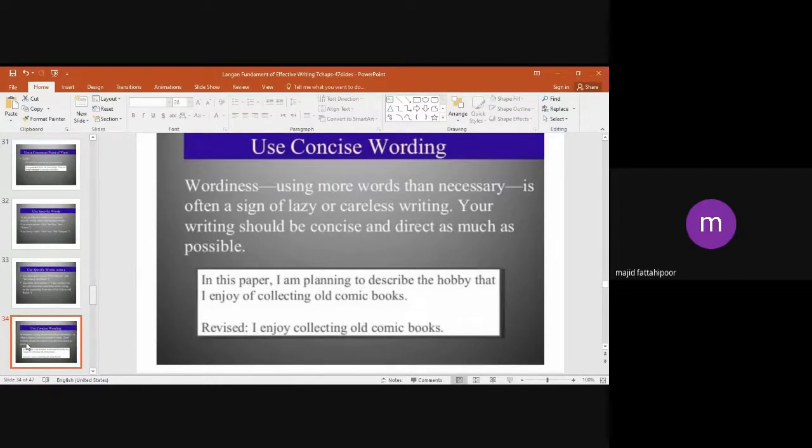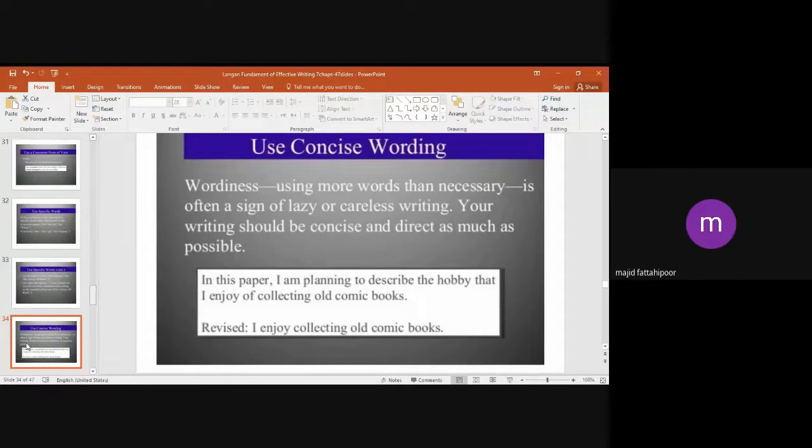It may not be, the writer may not be lazy or careless, but the reader assumes the writer is lazy or careless because they have used a lot of words to describe something which can be described in fewer words.